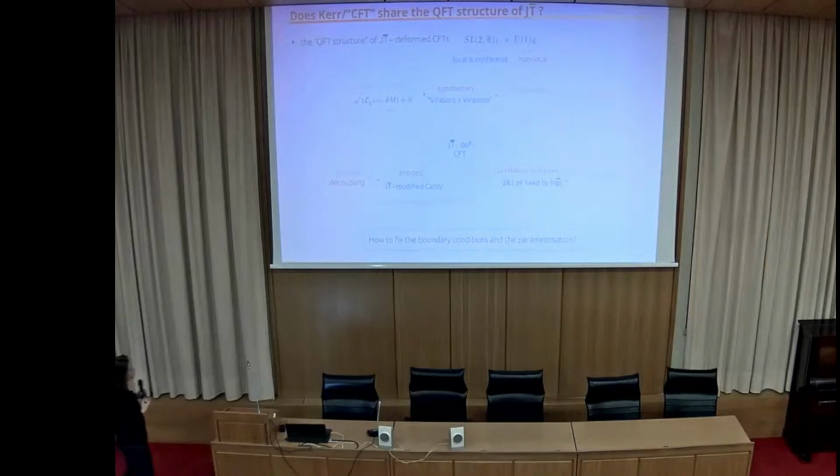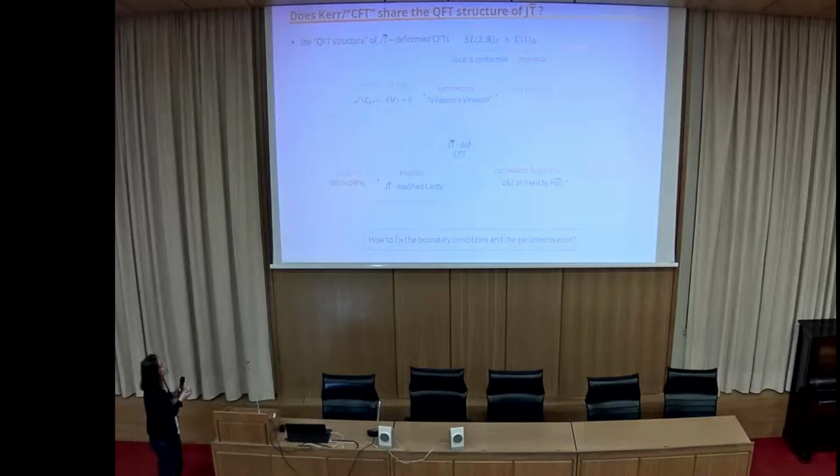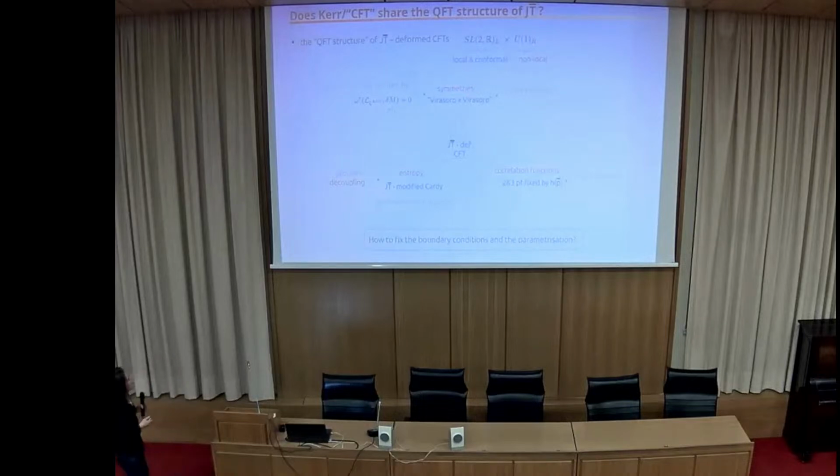Well, one obvious conjecture that you can make after all of this is that the observables of this quote-unquote CFT are precisely the J T-bar observables. By which I mean, for the spectrum you should get JT-bar modified Cardy, and for the symmetries you should get this funny Virasoro-Kac-Moody that acts in a funny way.